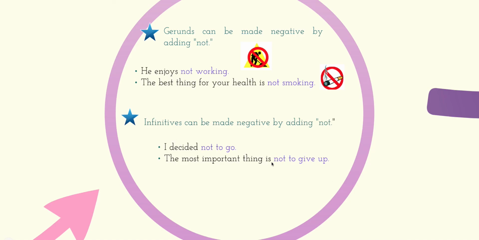Is. So what is the name of this verb? Verb to be, yeah? So you have two verbs together, is and to give up. So the most important thing is not to give up. Questions about how to make gerunds and infinitives negative? Nope? Let's continue.